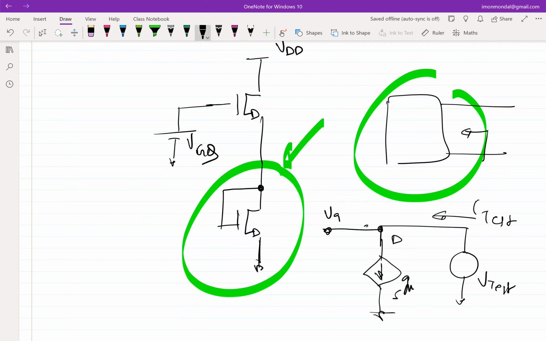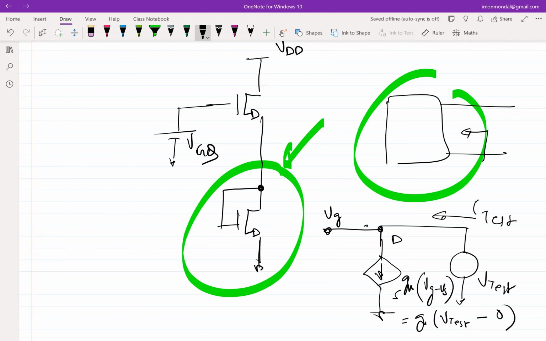So what will this current be? GM times V test, because VG minus VS, VG is V test, so V test minus 0.